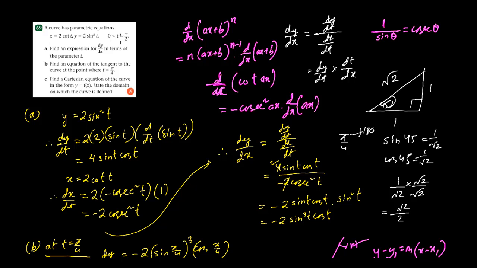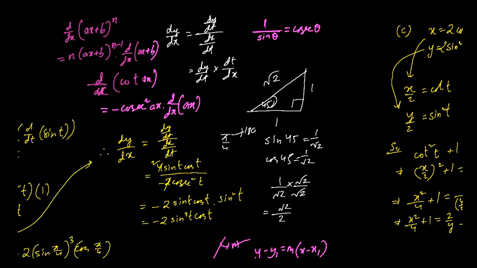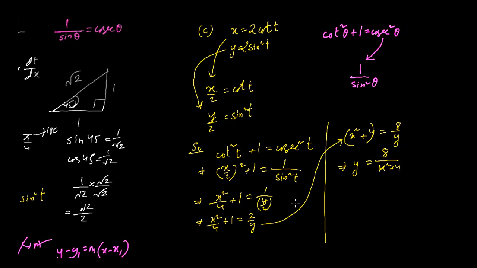For this particular domain, if you put the value of t here, t equal to 0, let me put it here. Of course we can also find the domain from this Cartesian format, but it's easier to use that domain. So we have the values of t, so x equals 2 cot t. So 2 cot t means 2 cos t by sin t.